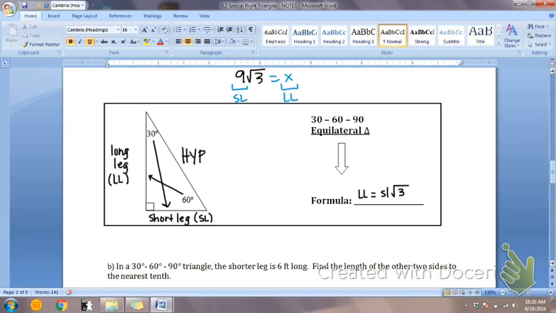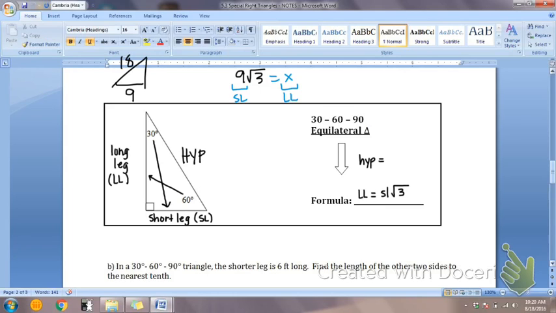The other formula is for when we're trying to find the hypotenuse. Look at that example up there. The hypotenuse is 18, and the short leg is 9. How do you think those are related? What did we do to the short leg to get to the hypotenuse? Doubled it, right?